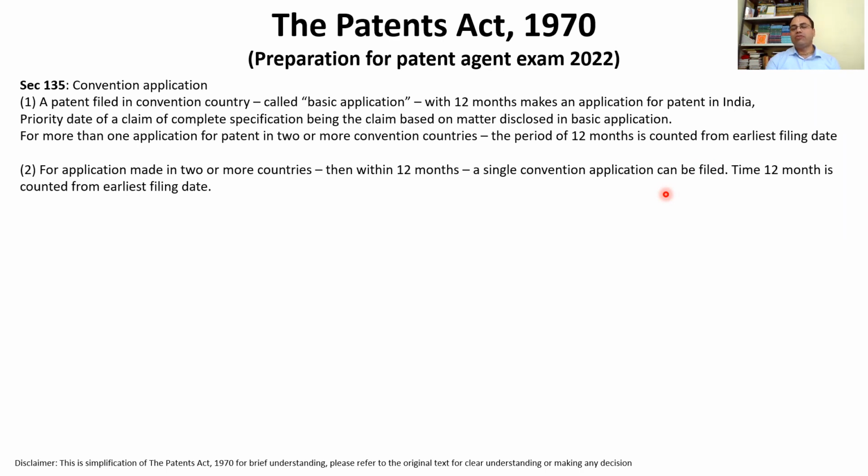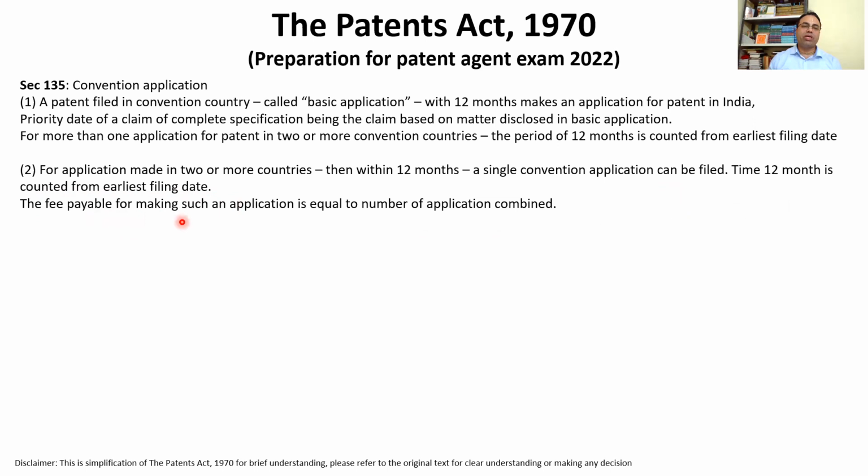Second one says if you file more than 2 applications in 2 or more countries within 12 months, then a single convention application can be filed. A time of 12 months is counted from the earliest filing date. So you can combine them while filing, but the fee payable for such an application is equal to the number of applications combined.